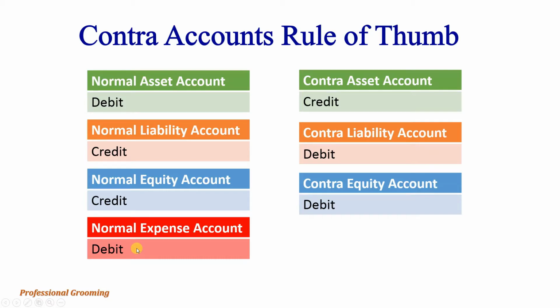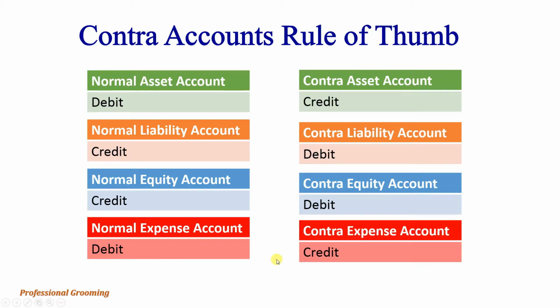The expense account is always debit, but a contra expense account is always credit. You need to remember all of these. Any account in accounting, when we make a contra account of that normal account, will be the opposite of that account. I hope you understand the definition of the contra accounts.